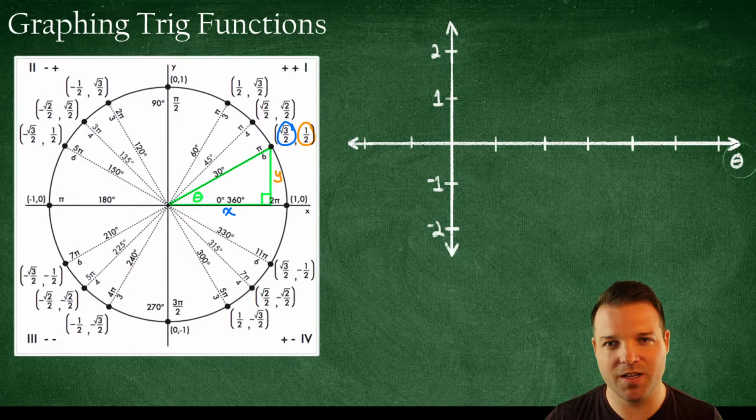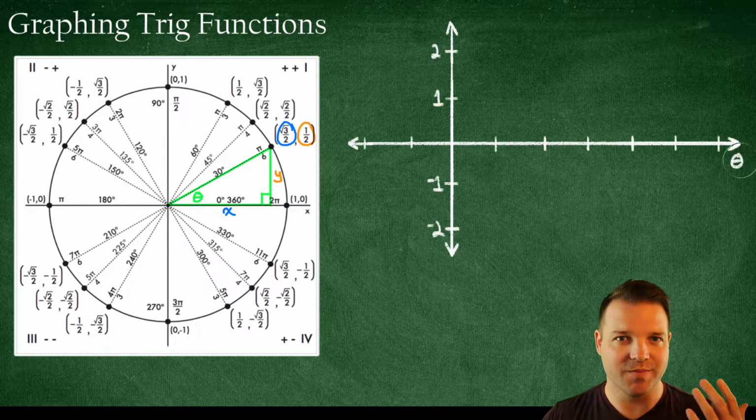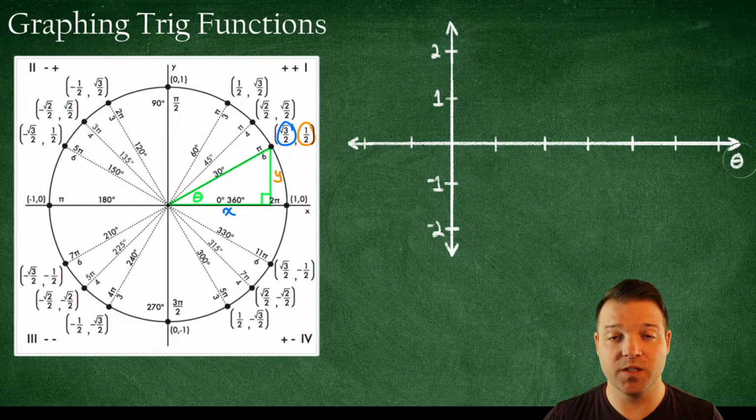I'm going to use theta just because it's usually what we use for angles, but it could be x, or any variable name actually. Then this thing's going to rotate around through 360, and even beyond 360, and it's going to go in the negative as well. So negative 0, negative 1, negative 2, negative 3, all the way through negative 360, and keep going on to the left as well.